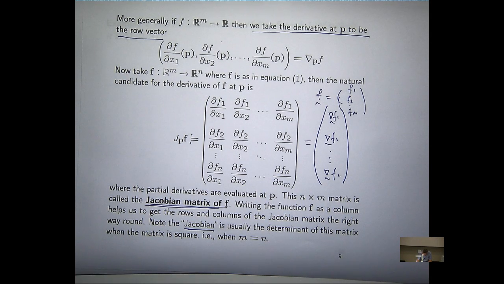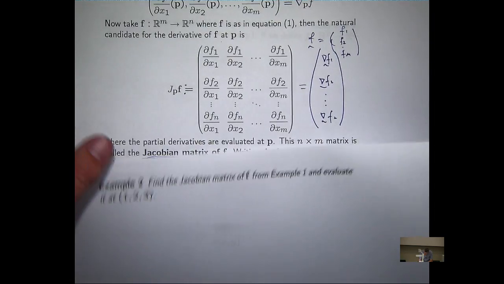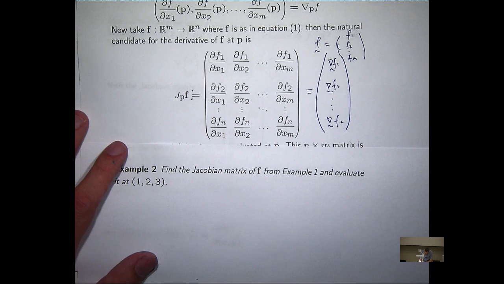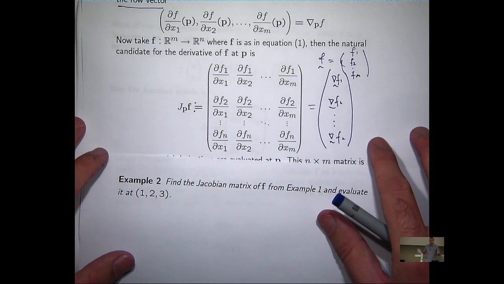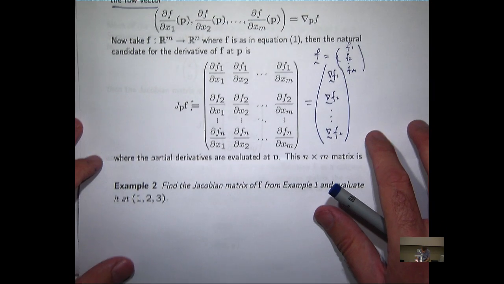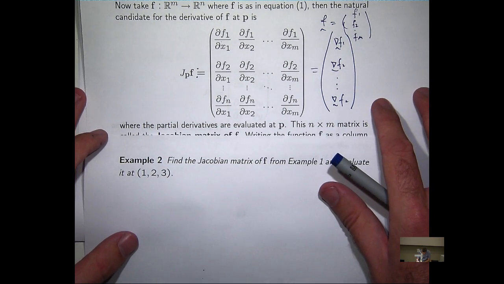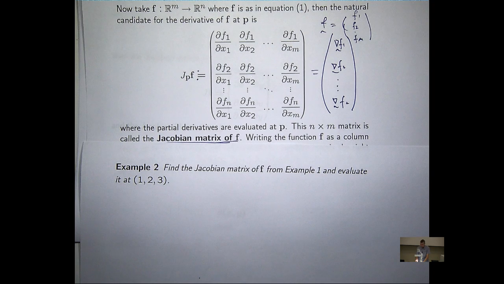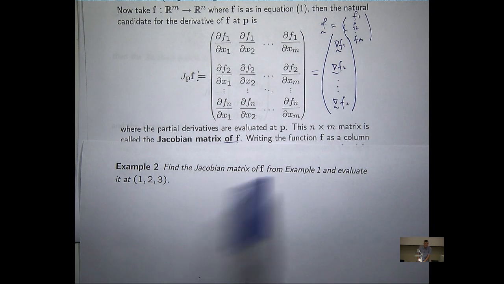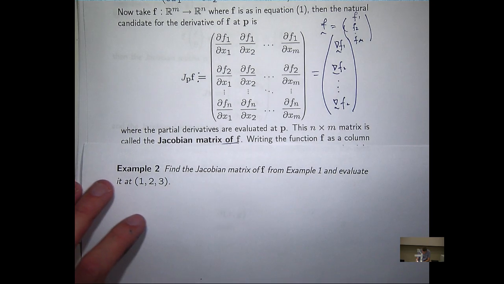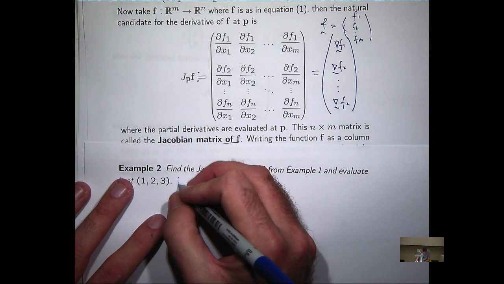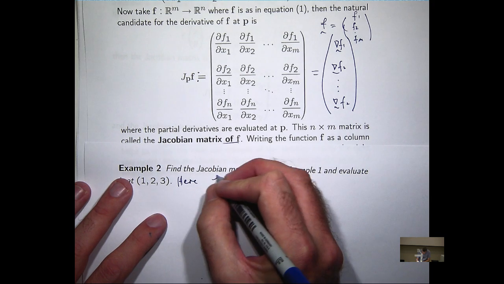All right, let's do an example. Find the Jacobian matrix of F from example 1. So let's just remind ourselves what the actual function is.